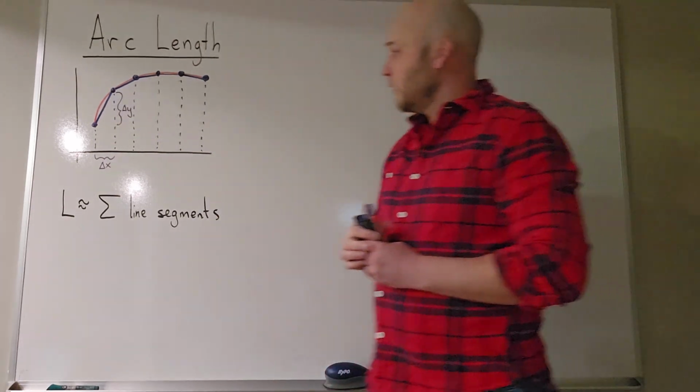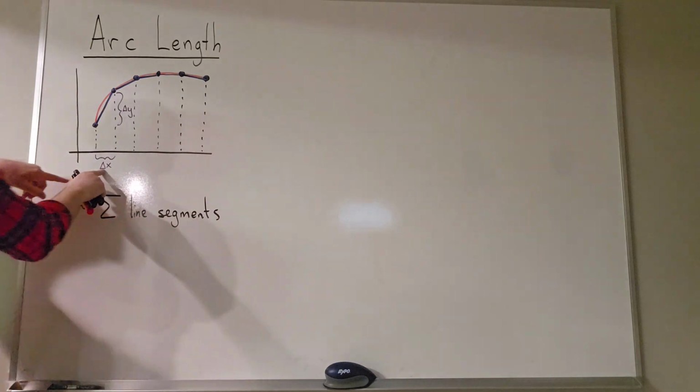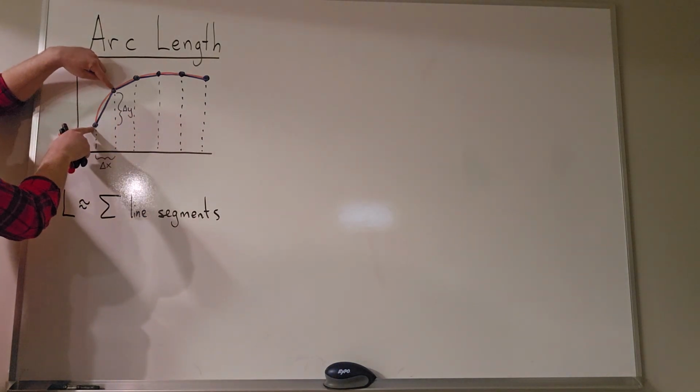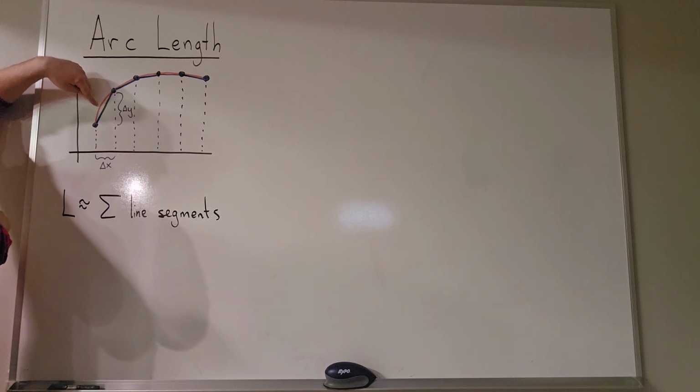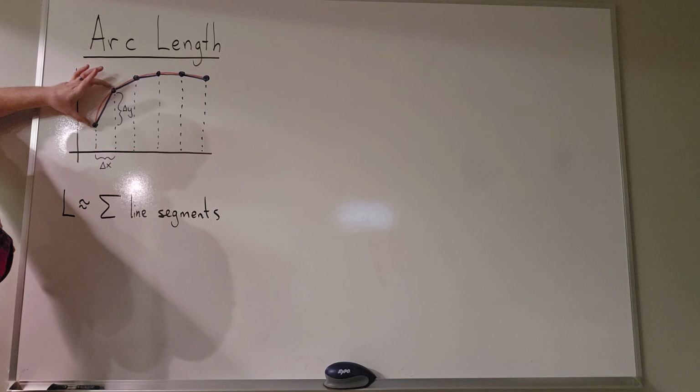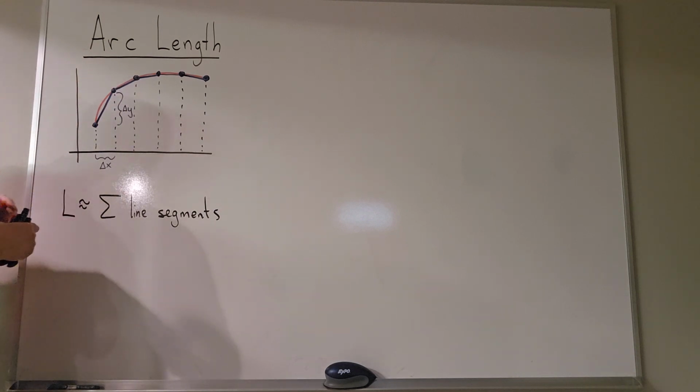And if I look at those two values, the change in x and the change in y, the length of this straight line segment is approximately the length of the curve. And we can, of course, solve for the length of the line segment using the Pythagorean theorem.